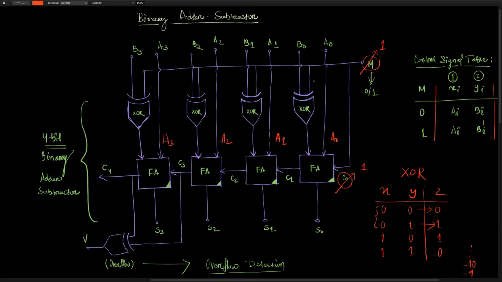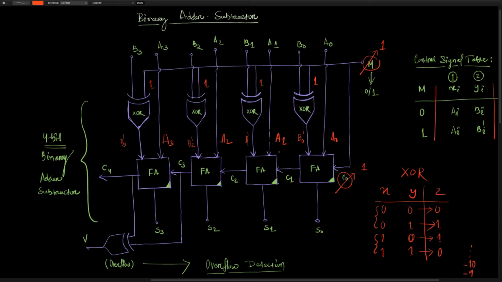As M is equal to 1, one input of the XOR gate remains 1 forever. If one input of the XOR gate is 1, the output is the complement of the other input. If that is 0, the output is 1. If that is 1, then the output is 0. So that's how we are getting B0 complement, B1 complement, B2 complement, and B3 complement.